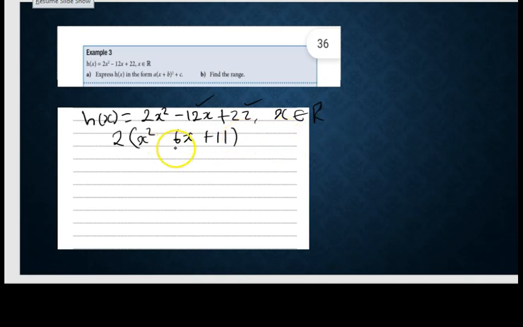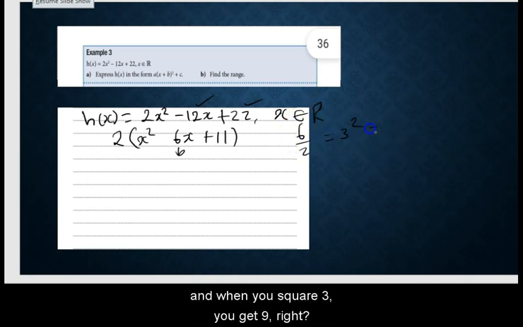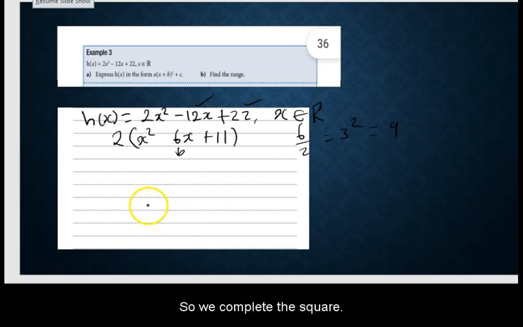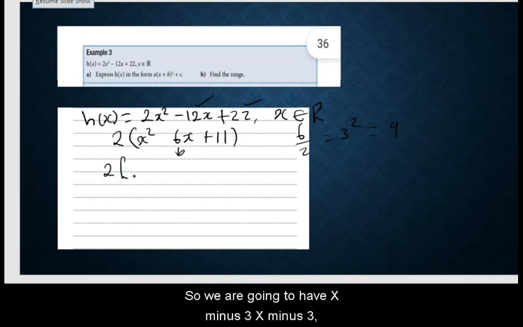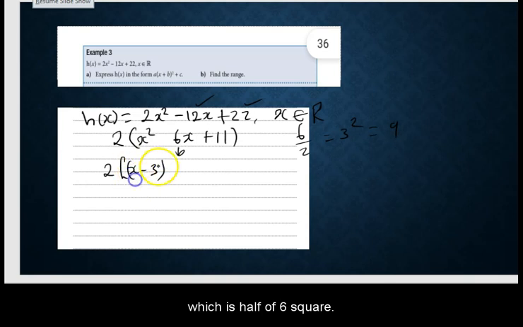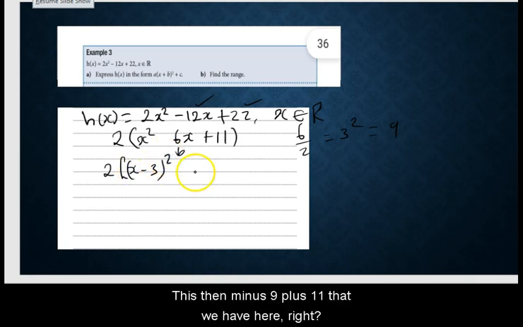Simply take b, this is b here, right? So b is 6, divide by 2, you get 3. And when you square 3, you get 9, right? So we complete the square. So this becomes 2 times x minus 3, which is half of 6, squared, then minus 9 plus 11 that we have here, right?